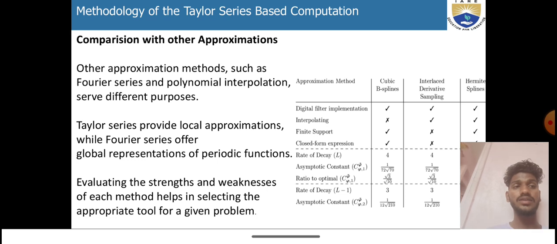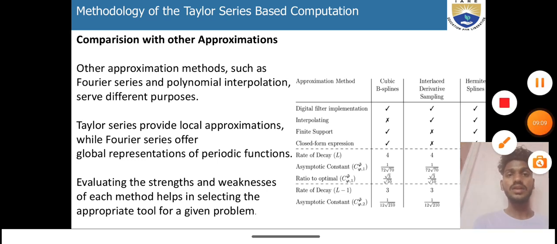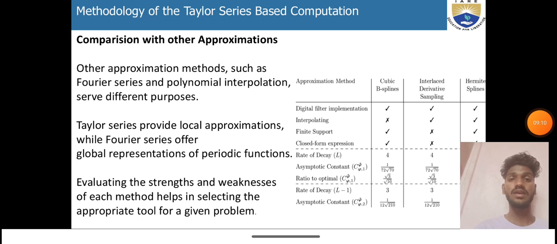Next, comparison with other approximations. Other approximation methods, such as Fourier series and polynomial interpolation, serve different purposes. Taylor series provides a local approximation, while Fourier series offers a global representation of a periodic function.